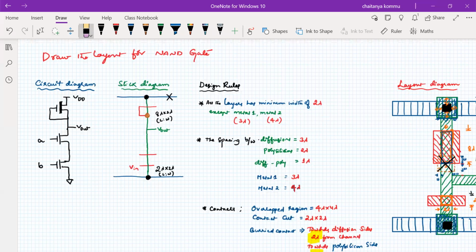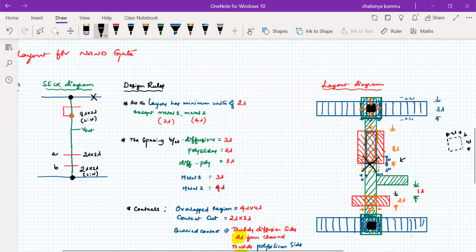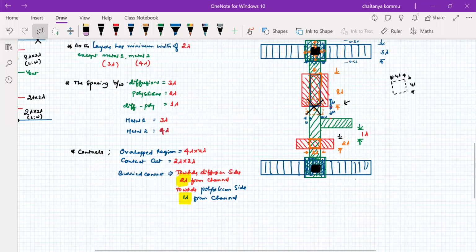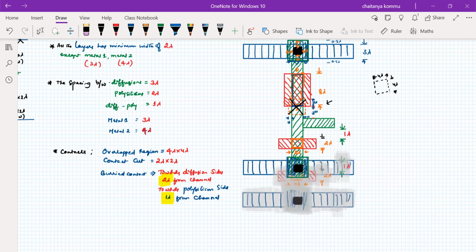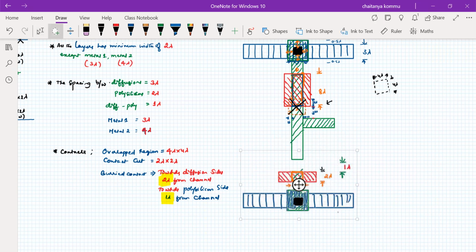Okay, so therefore this is called A, this is called B. Here also, it is 2 lambda by 2 lambda only we have to consider. Okay, design rules are the same. Now what we can do is that I'm going to extend this diffusion here.